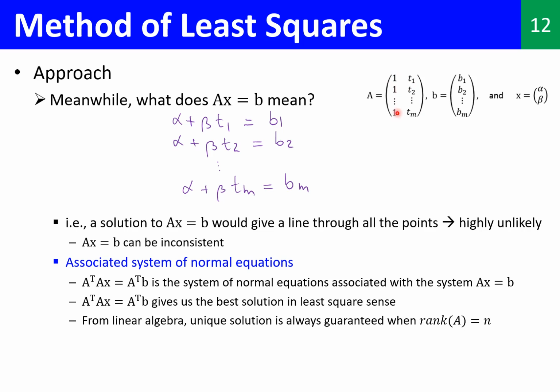Well, it has 2 columns, so the rank should be less than or equal to 2, right? And by looking at the second column, we definitely know that since we have the time instances, they cannot be the same. Therefore, the rank of matrix A would be equal to 2, or n, the number of entries in X. Okay, so the rank of matrix A is equal to n, and that means we have a unique solution to the system of normal equations.